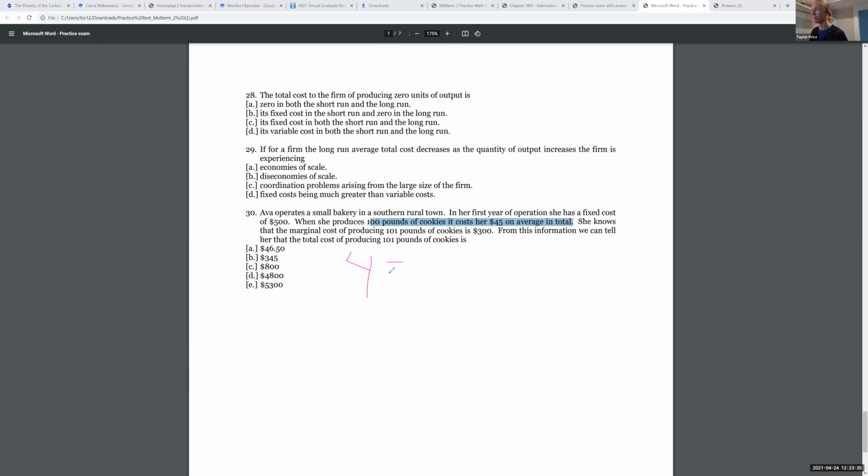Okay, thank you. Yeah, so basically what you're going to have is like this, and plus the 300. And you can ignore this completely, because this is included exactly as was said before in the average total cost.